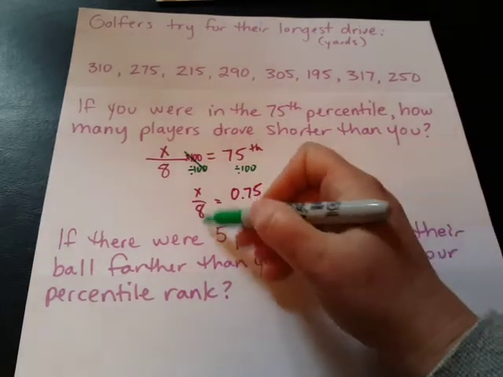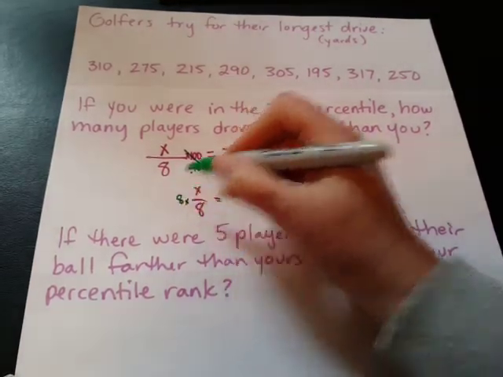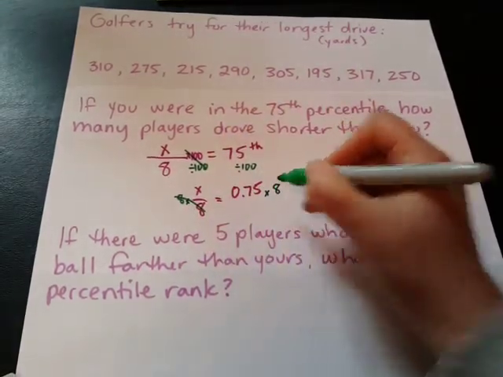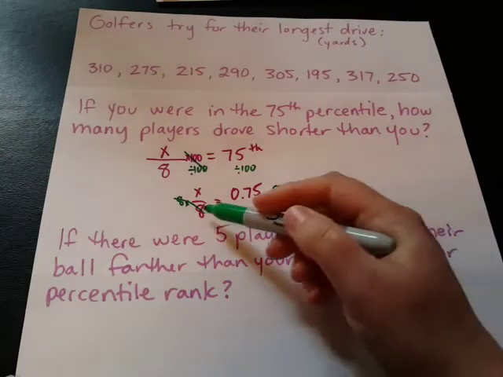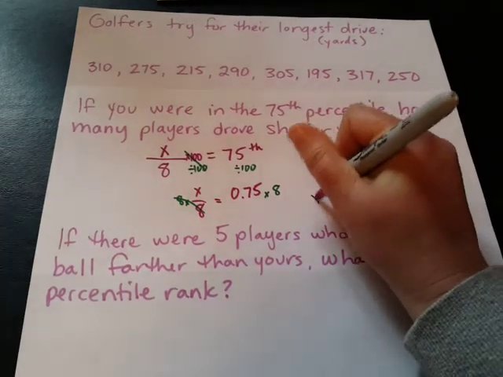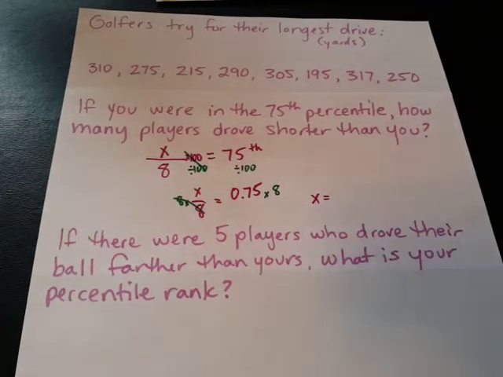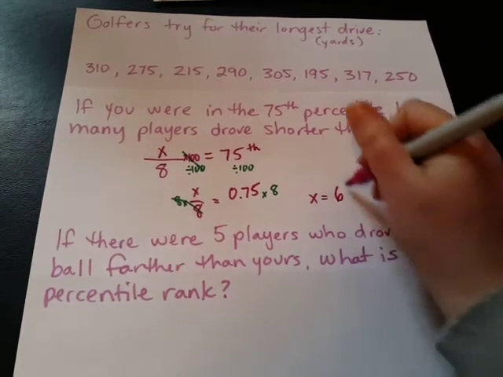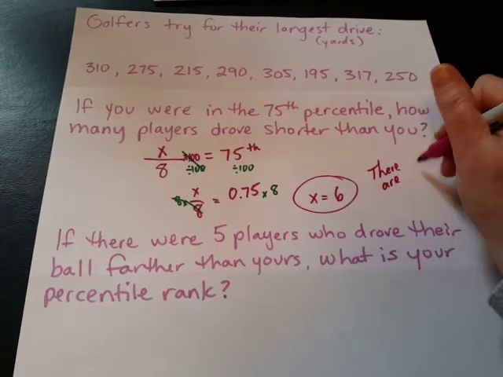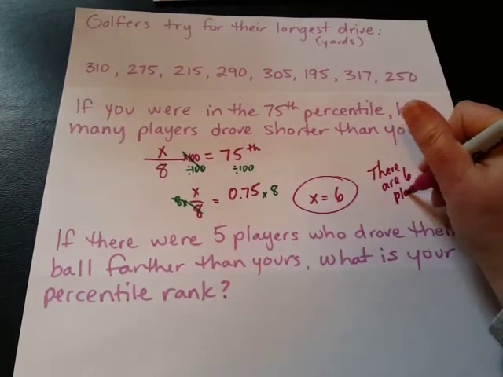So instead of dividing by 8, we'll times it by 8. Some of you know about cross multiplying, so you can do that as well. But either way, we're just trying to get x by itself. To be 6. So there are 6 players below.